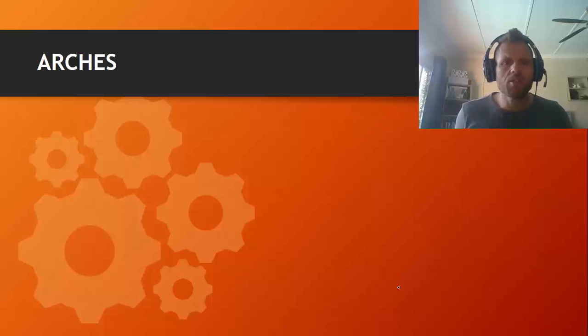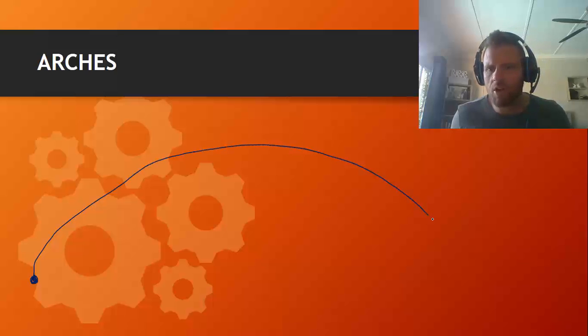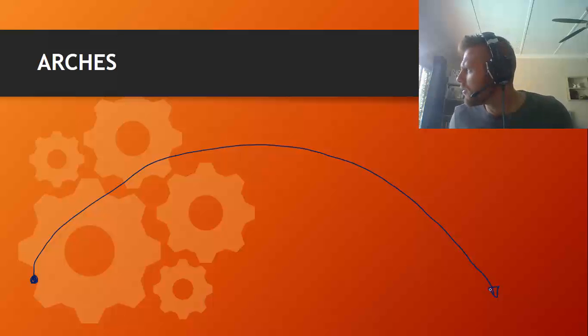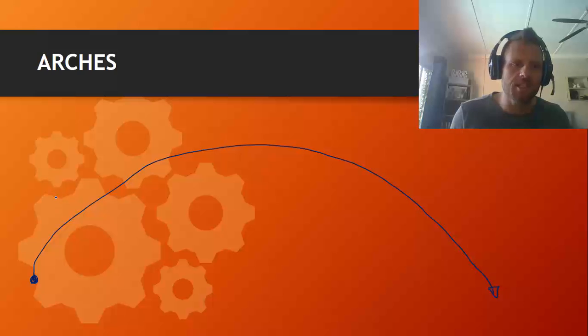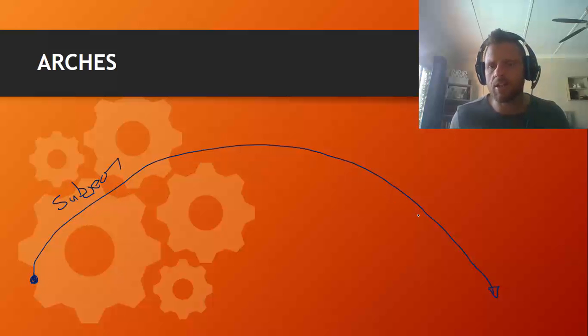What I want you to think of is this. Today we are here, at this point. Let's talk about arches, and I want you to always keep this picture of the arch in mind. If this is the subject at large, here is your starting point and here is where you finish. But we don't just do one big subject at large.